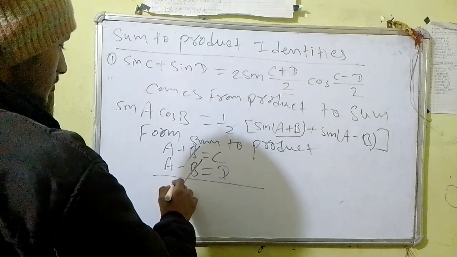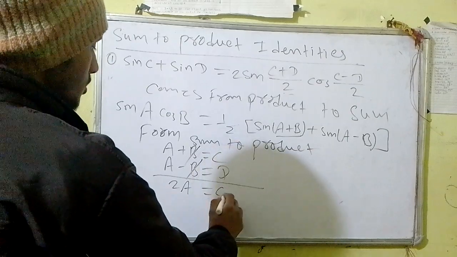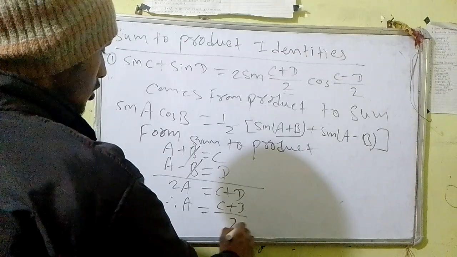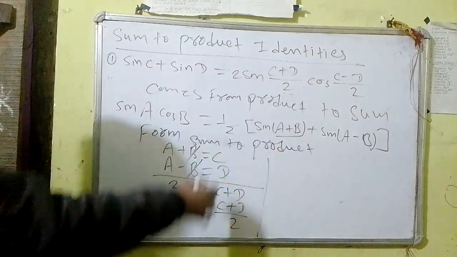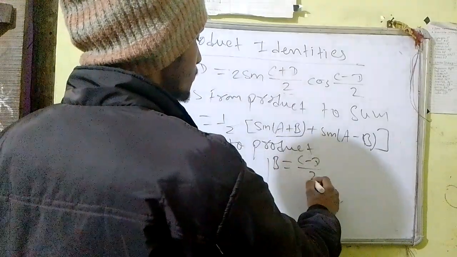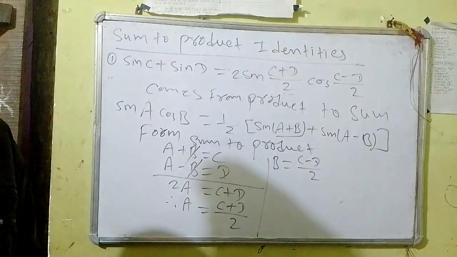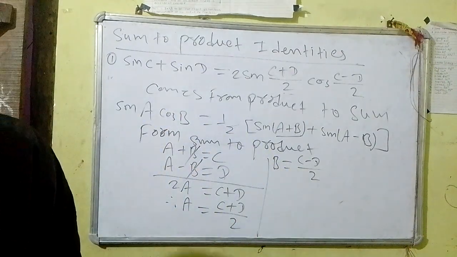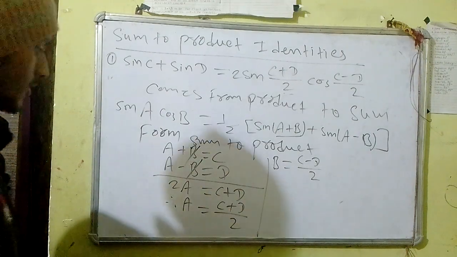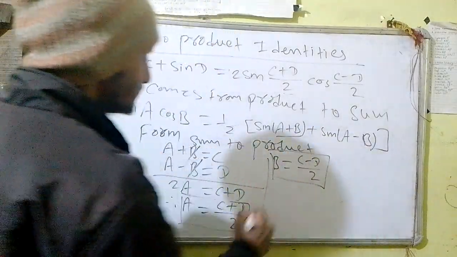The B cancels out, and 2A is equal to C plus D, so the value of A is C plus D over 2. If you substitute it back into one of these equations, then you can figure out that B is C minus D over 2. Try it on your own. So A will be this, B will be this right over here.